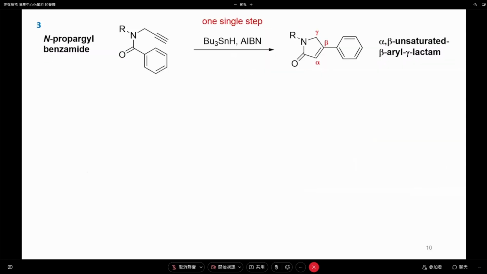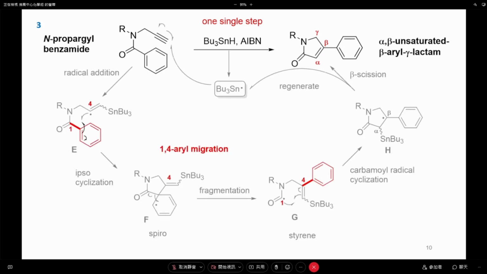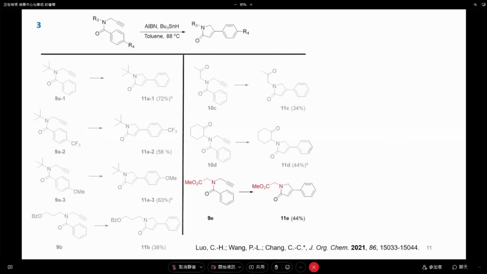The third topic is another synthetic methodology. We react this N-propargyl benzamide with an alkyne with a phenyl group under radical conditions. I don't want to go to the detail. This is the mechanism, and a wonderful aryl migration was involved to eventually produce the alpha,beta-unsaturated beta-aryl carbon lactam in one single step.